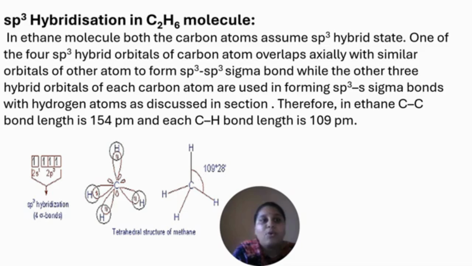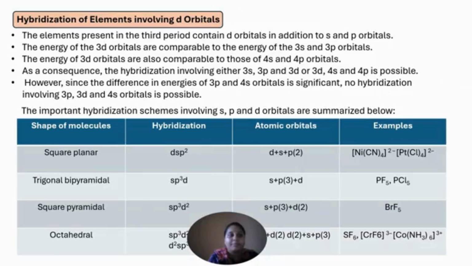One sp3 hybrid orbital of each carbon atom overlaps axially with a similar orbital of the other atom to form an sp3-sp3 sigma bond, while the other three hybrid orbitals of each atom are used in forming sp3-s sigma bonds with the hydrogen atoms. Therefore, the carbon-carbon bond length is 154 picometer and each carbon-hydrogen bond length is 109 picometer.